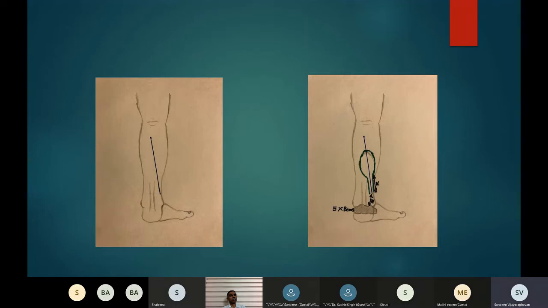So I would like to plan the flap in reverse, basically take a template of the defect itself. And in this template, I would like to also include a tail so that the gap between the most reliable perforator and the defect can be used.